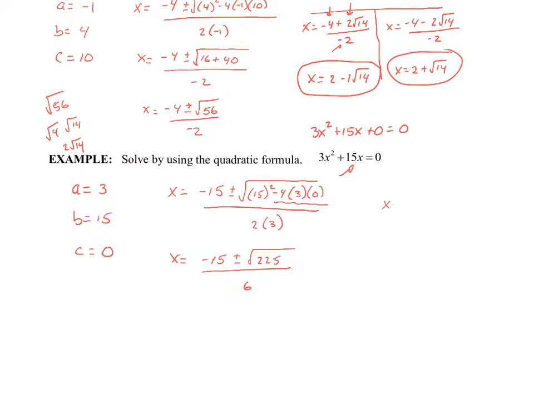So I'll have x equals, forgot my t, x equals negative 15 plus the square root of 225, which is 15, over 6, and x equals negative 15 minus 15 over 6. So x equals 0 over 6, which is 0, and x equals negative 30 over 6, which is negative 5.